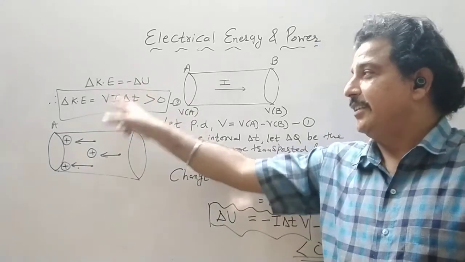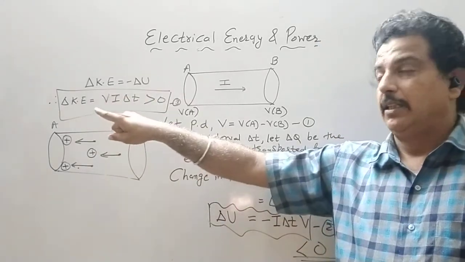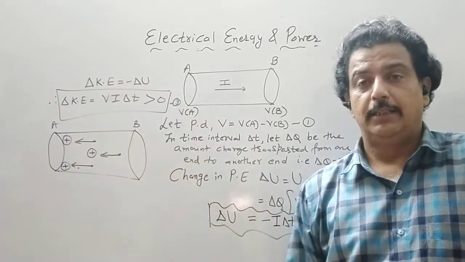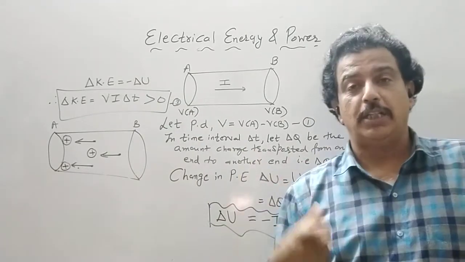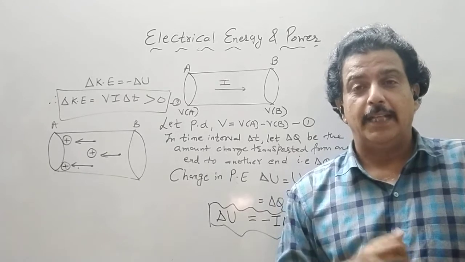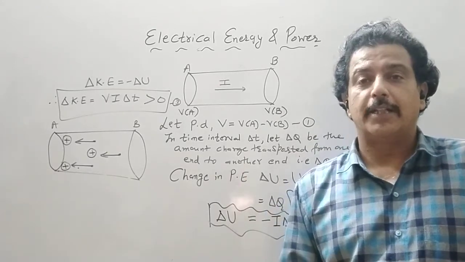So this increase in kinetic energy should be dissipated in the form of heat, because the amplitude of the oscillation of the ion increases and they collide with the wall of a conductor.